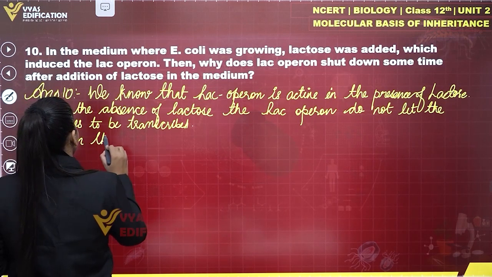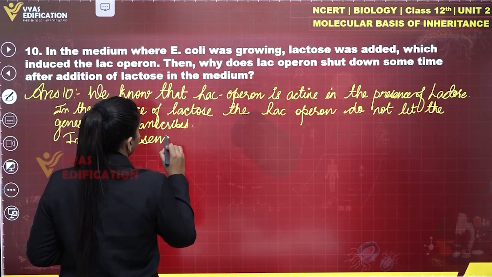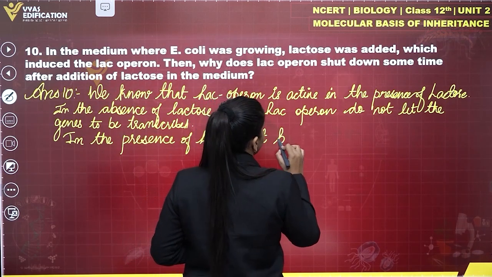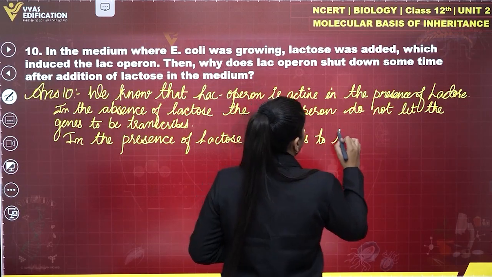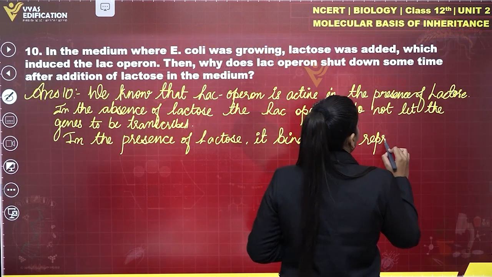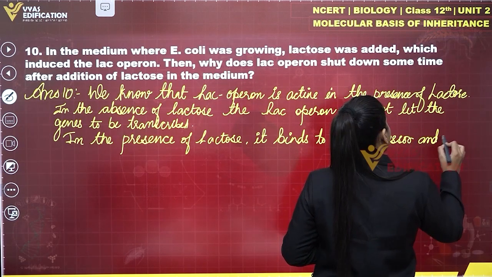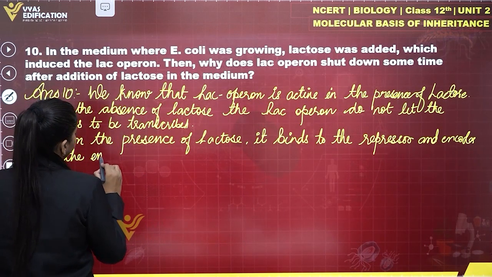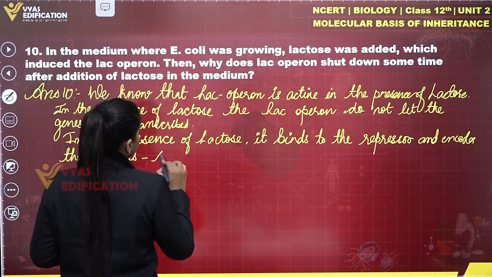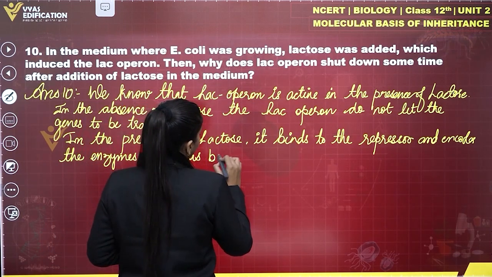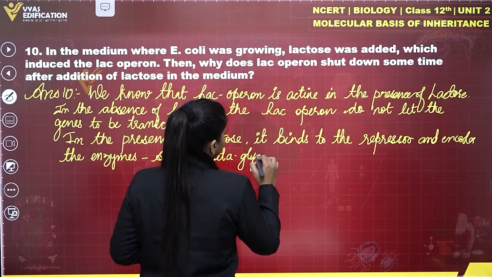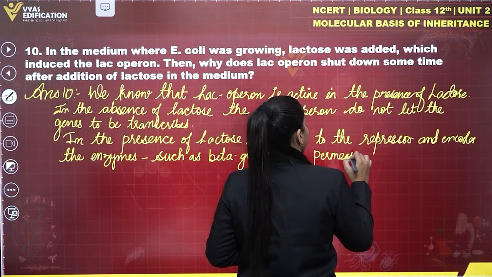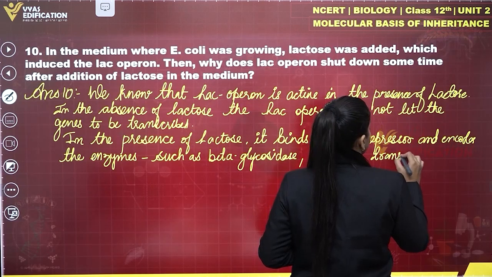So, in the presence of lactose, it binds to the repressor and encodes the enzymes such as beta glycosidase, permease and trans-acetylase.